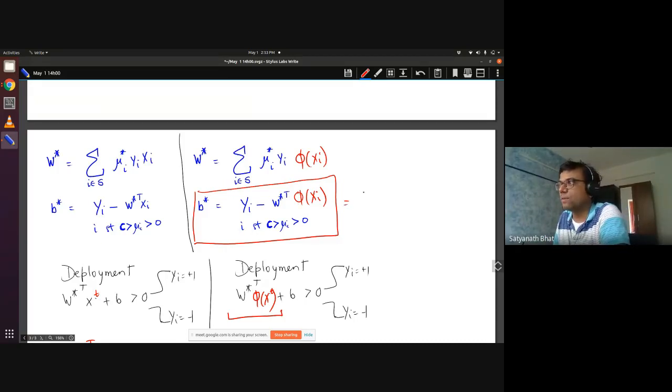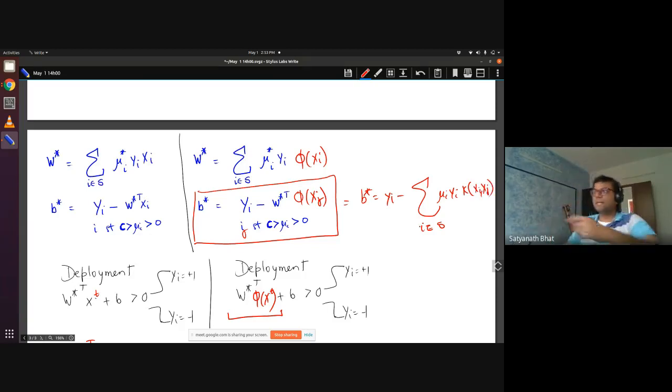So b star is equal to yi minus W star phi of xj, so it will be the sum over i belonging to S of mu i yi phi of xi transpose phi of xj. This will become kernel of xi xj. So the whole thing can be done away with. I can completely forget what my higher dimensional space is.